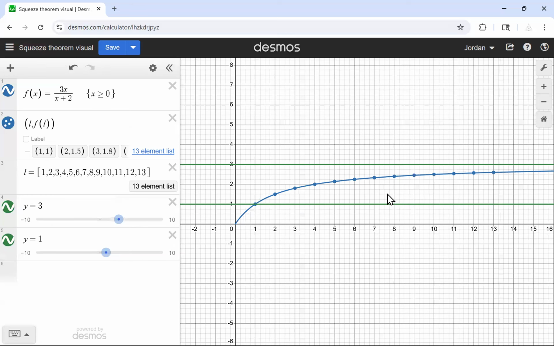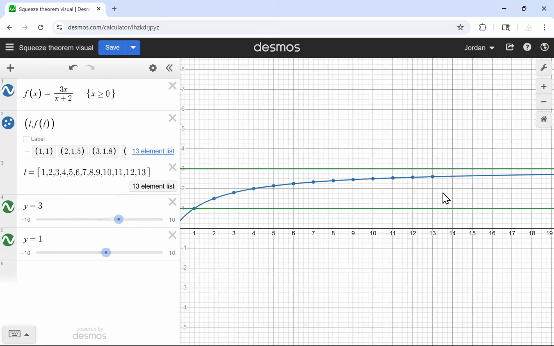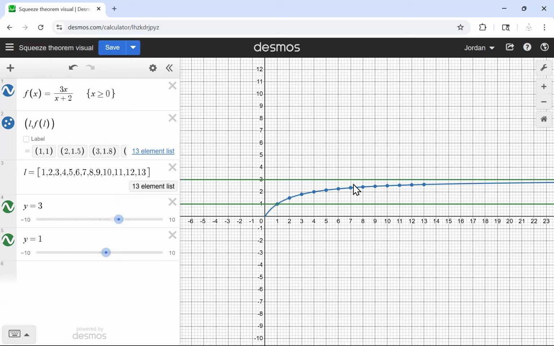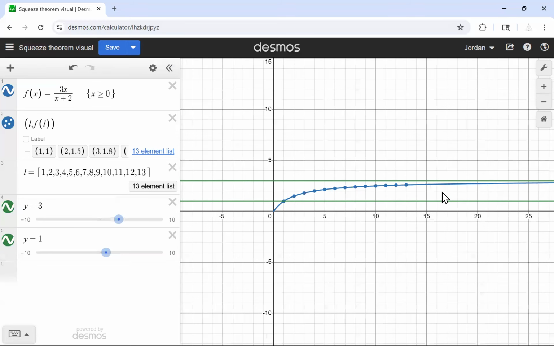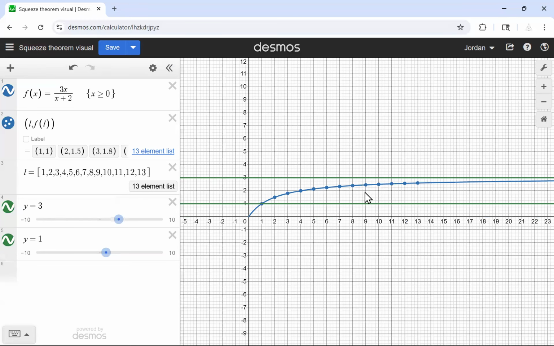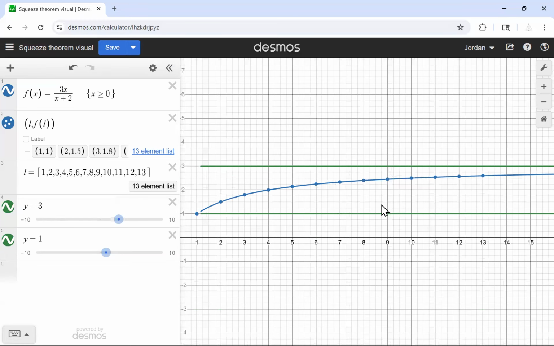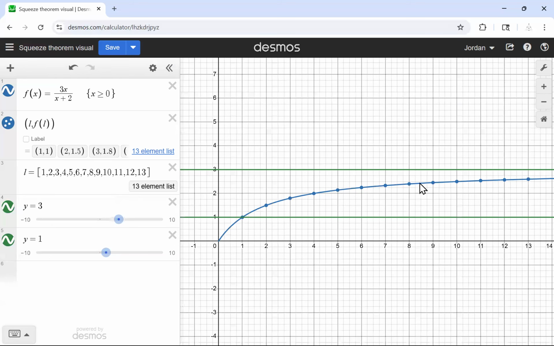So we're always between 1 and 3 forever as we move towards the right. And then you can see that it's also monotonic, that it's always increasing.